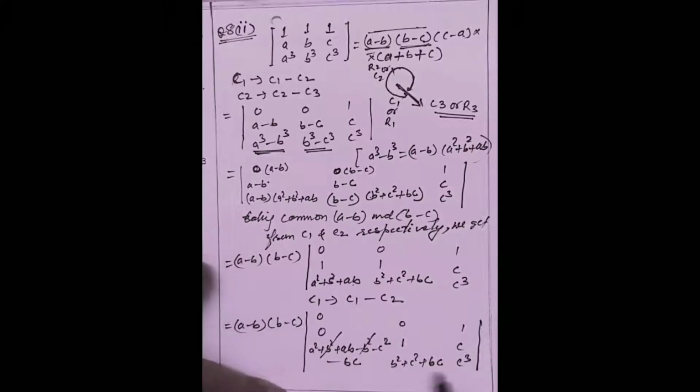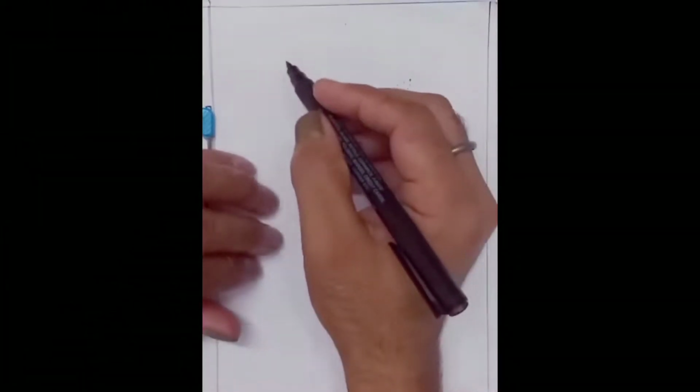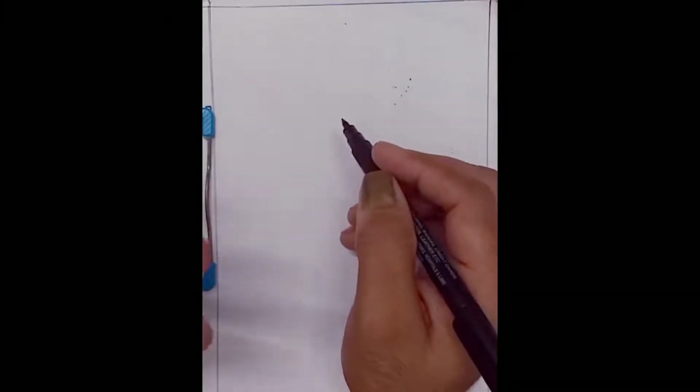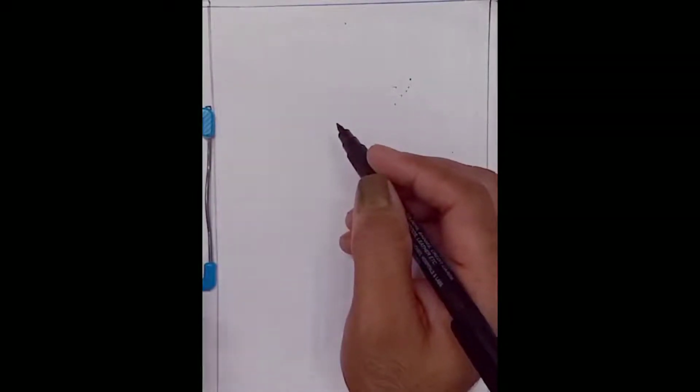Now the last operation will give that expansion, so we'll write here expanding through R1. Now after the expansion, we see in the first column the top element is 0, in the second column also the top element is 0, so this will give us the value 0.